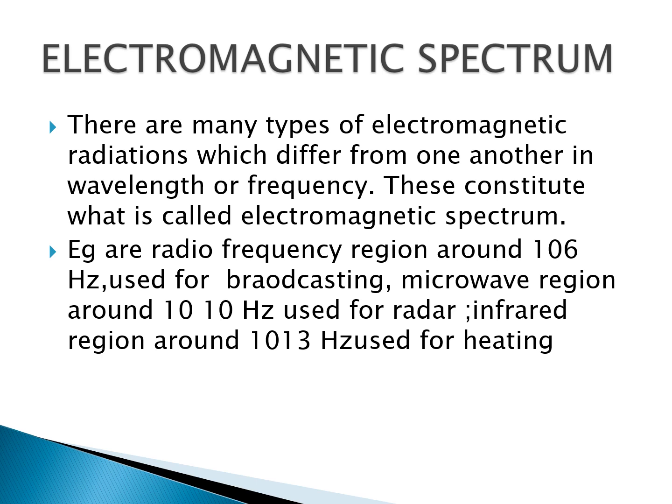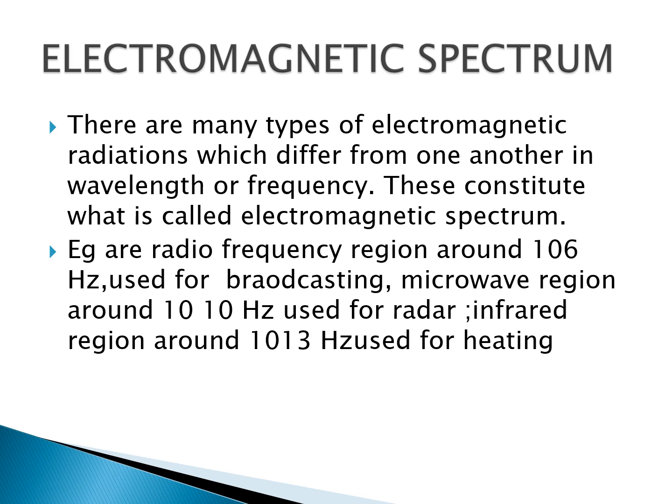Now the next topic is the electromagnetic spectrum. There are many types of electromagnetic radiation, which differ from one another in wavelength and frequency. You all know wavelength and frequency, we discussed them in the last lecture. These constitute what is called the electromagnetic spectrum.